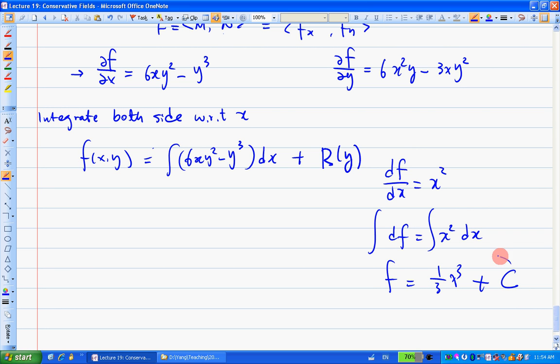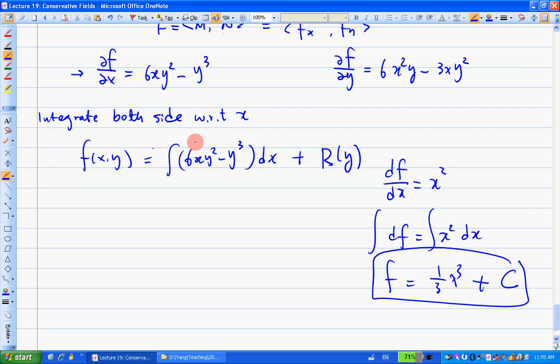The derivative of this one gives you back this x squared. And when it's constant c here, the derivative of constant c is 0, so it's gone. Make sense, right? And same idea. The derivative of this one with respect to x should give you back this one.